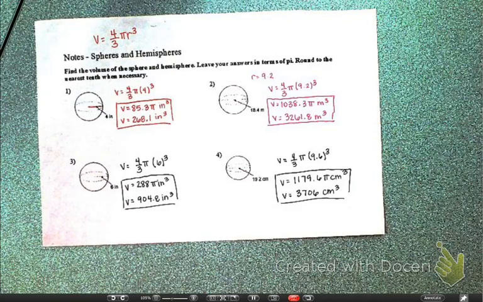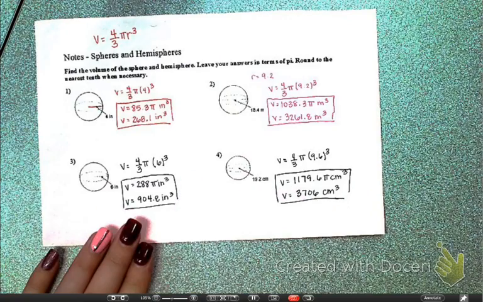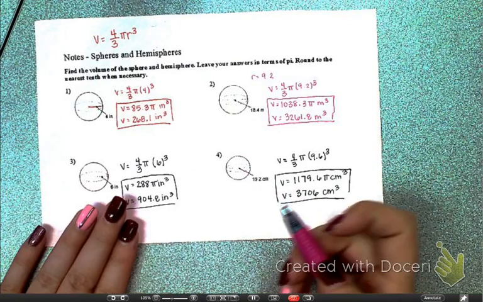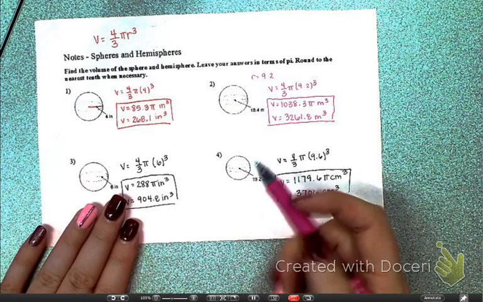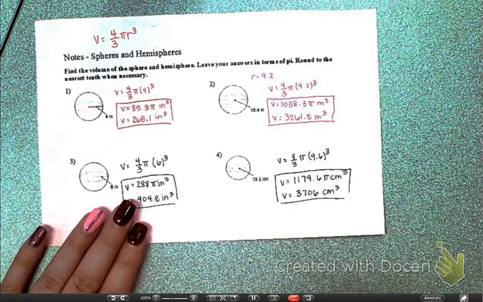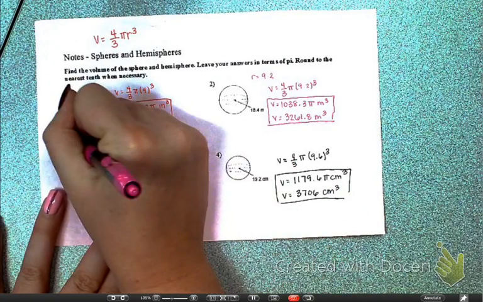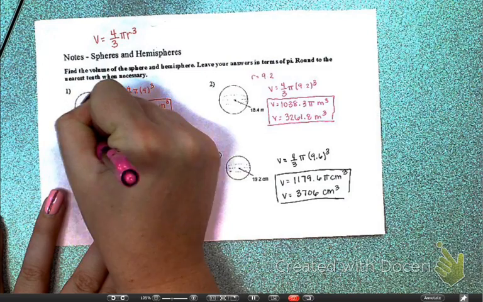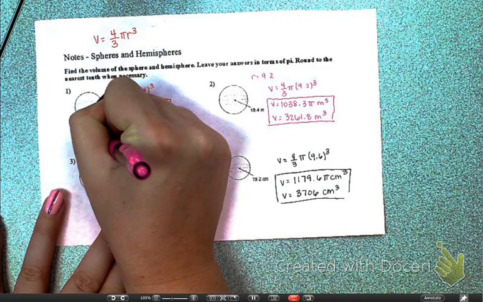What is a hemisphere? Half of a sphere. Okay, so if I want to find the volume of a hemisphere, divide by 2? I'm just going to take my answer and divide it by 2. So, for number 1, let's find the volume of a hemisphere in terms of pi.